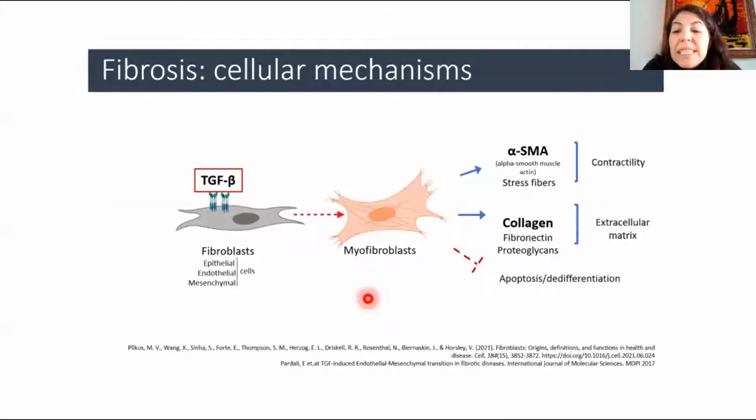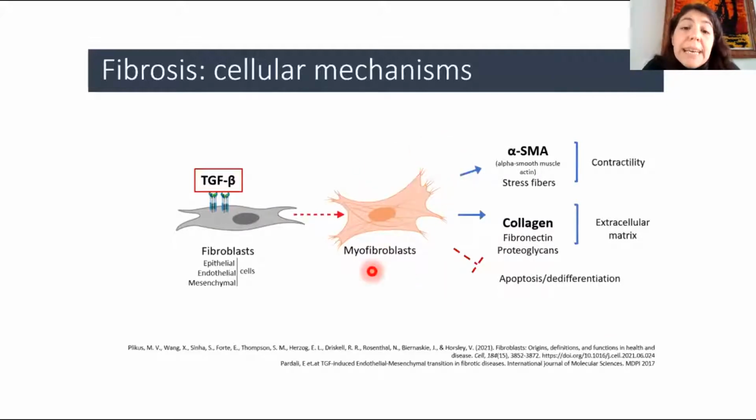So which is the main cellular effector of fibrosis? This is myofibroblast, derived mainly from fibroblasts, also from other cells. And among the pro-fibrotic cytokines and growth factors, TGF-beta is one of the most important growth factors that promote myofibroblast survival.